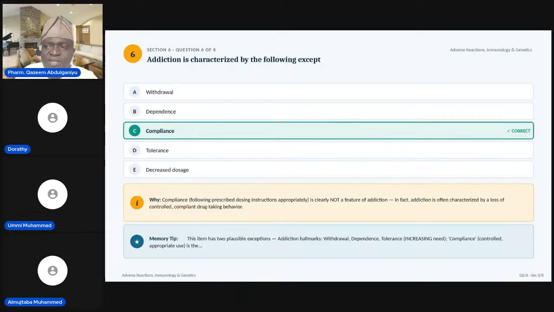When they withdraw the drug, there's a reaction. The person craves the drug again. Also, at a decreased dose, they feel like the drug is not enough for them, so they want a higher dose. That's already an addiction, but compliance has nothing to do with addiction. So that is the exception there.